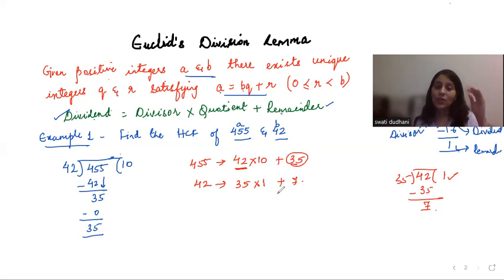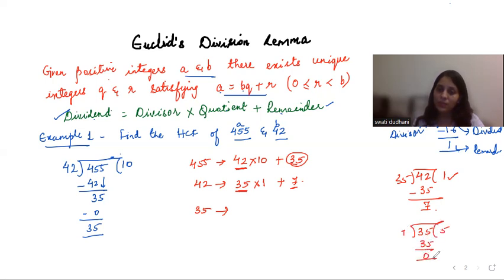Now, we need to continue this process till we get the remainder to be 0. Now we take the next value of b, 35, and divide it by the remainder 7. 7 fives are 35, and the remainder is 0. So how can we write this?